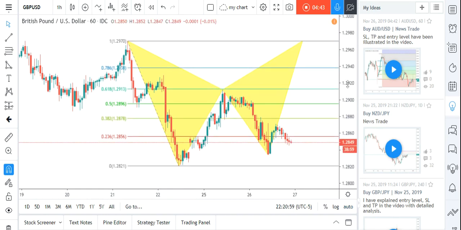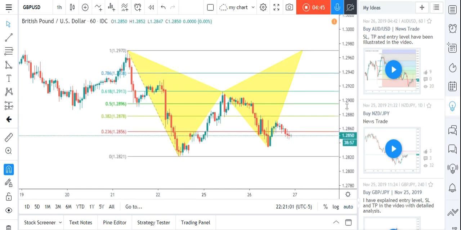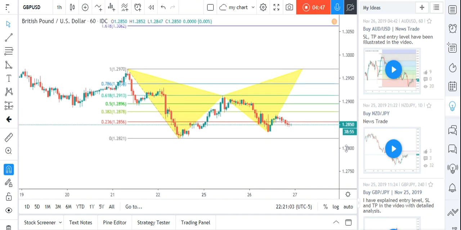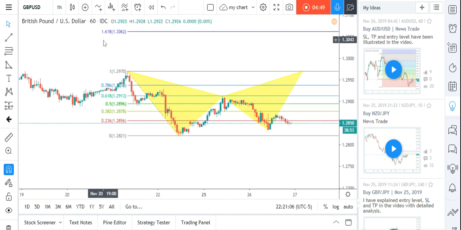I am contracting the chart to see where it will go if the butterfly is formed. This is showing 1.618, but this is not showing 1.272. The nearest completion point for the butterfly is 127.2% extension to the upside of this downward move.